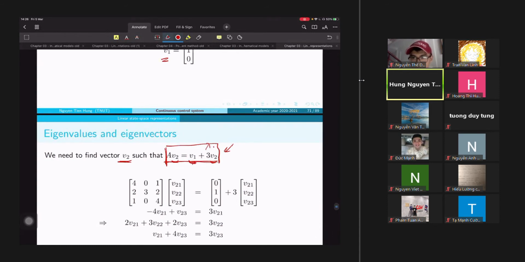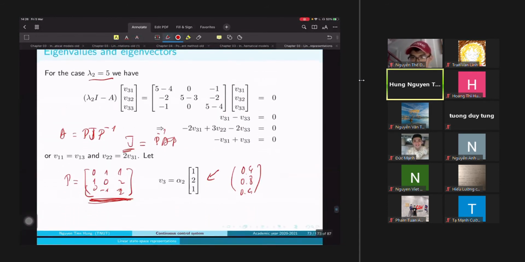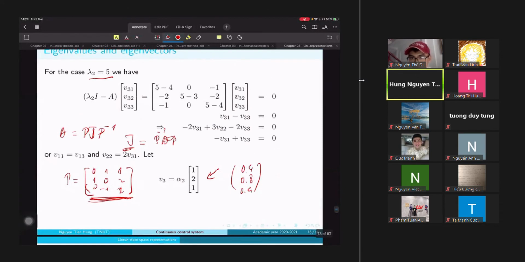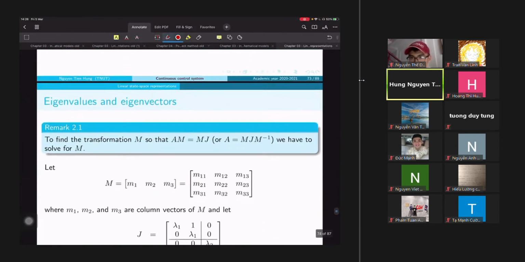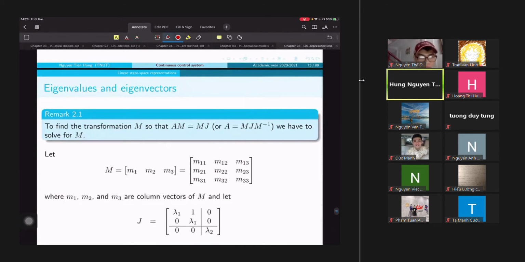Okay, I also put a remark on this. Why did we get this? I put only 3 by 3 to explain this a little bit. Actually, we will see that we got this form.